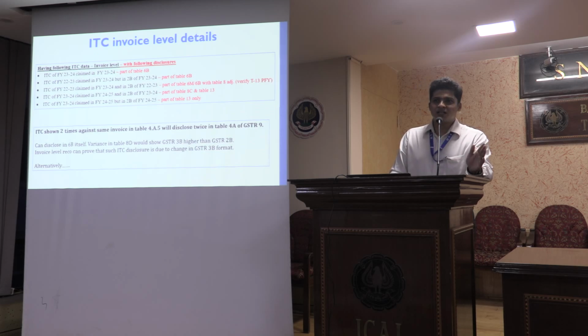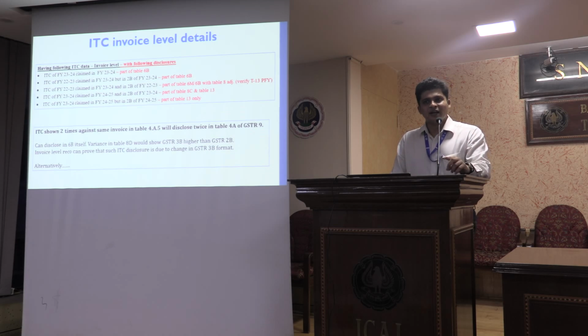In my previous year, which is GSTR 9 of 22-23, this entry would have been disclosed only in table 13. It would not show in table 8C because 8C is when it was in the 2B of my previous financial year.